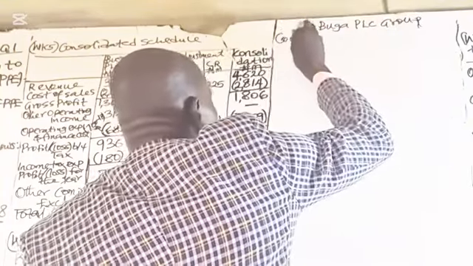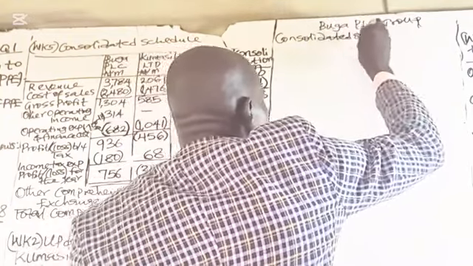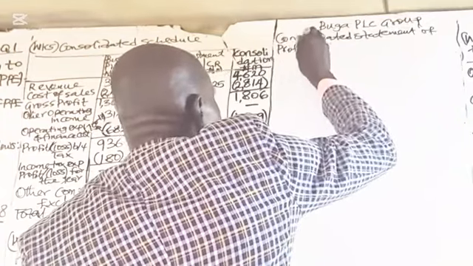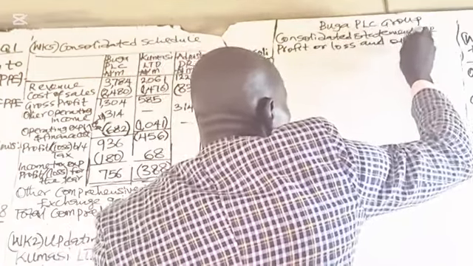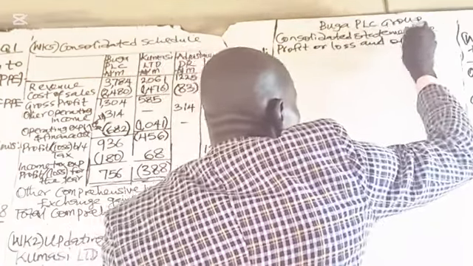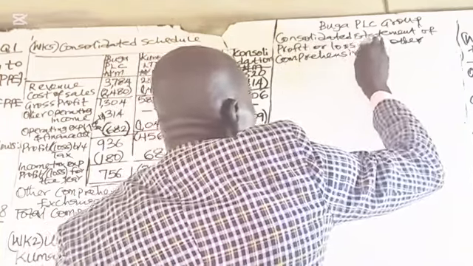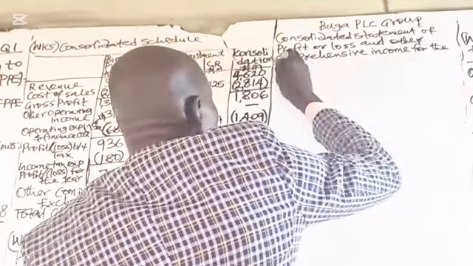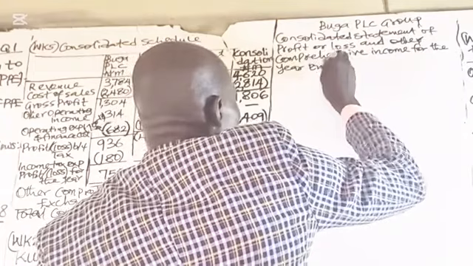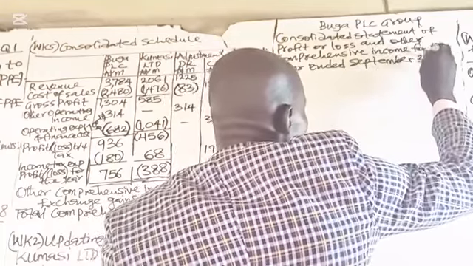Consolidated statement of profit or loss and other comprehensive income for the year ended September 30, 2023.